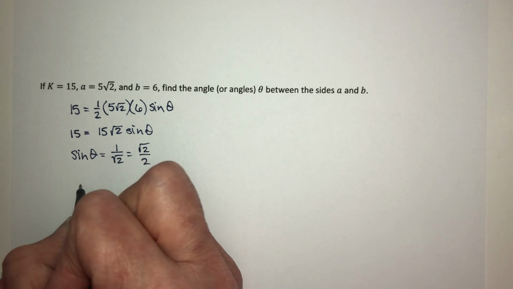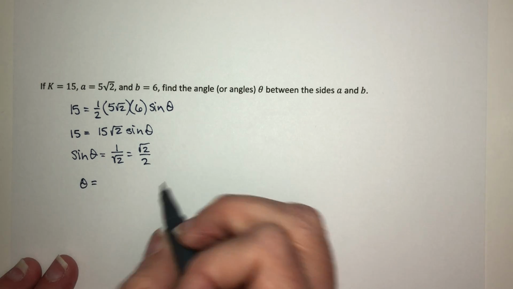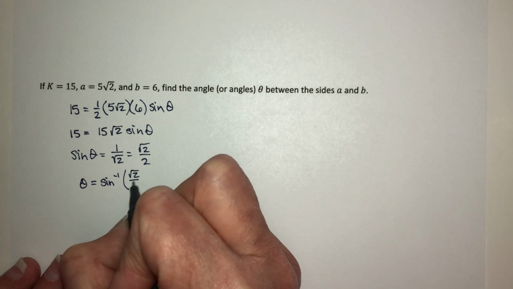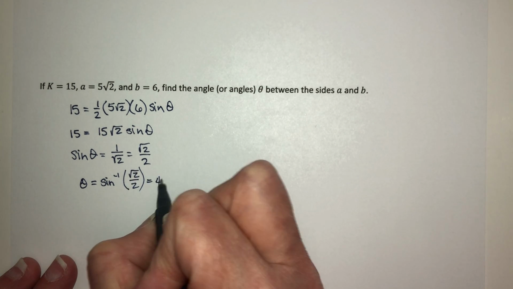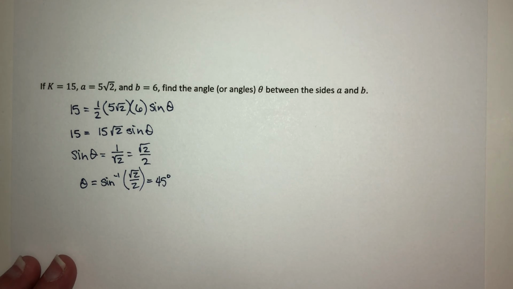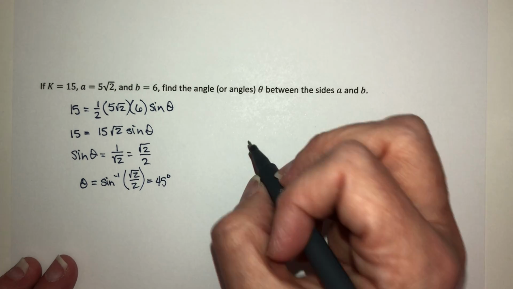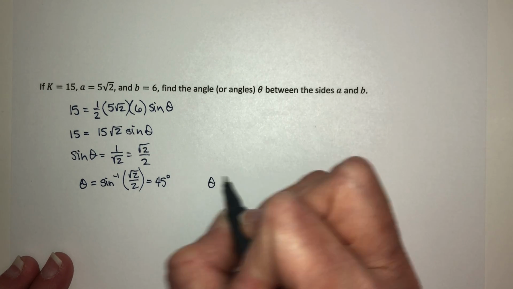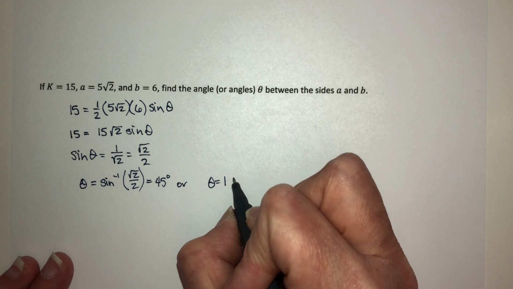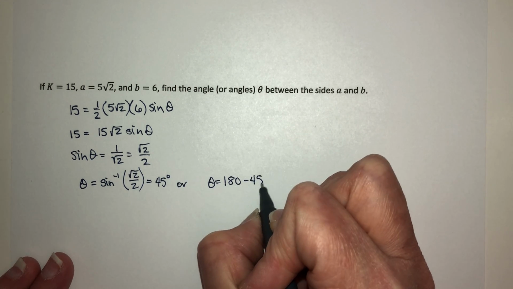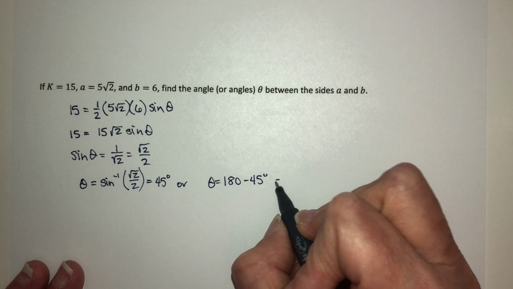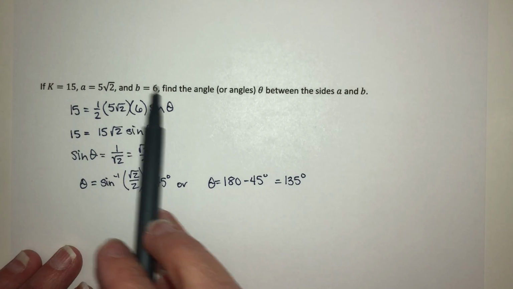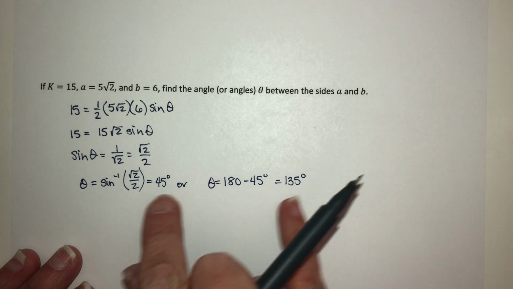So theta, one possibility, is sine inverse of square root 2 over 2, which is 45 degrees. Okay. And then the other possibility would be 180 minus 45 degrees, which gives you 135 degrees. So this information could come from two different triangles.